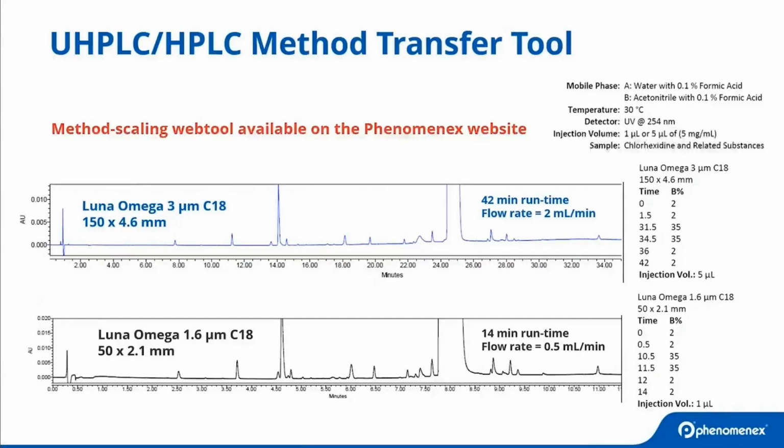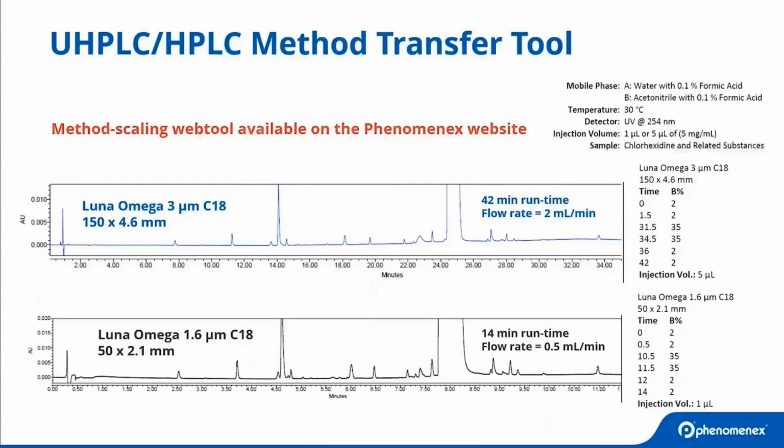The web tool is actually fantastic when applied towards one of the examples that we use today, specifically when comparing these two methods that I have displayed. When we migrated from that Luna Omega 3-micron C18 down to the Luna Omega 1.6-micron C18, here are the actual experimental conditions that we used for both of these chromatograms.